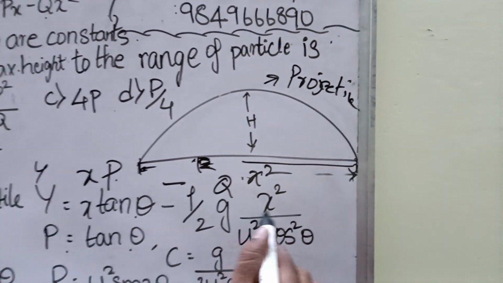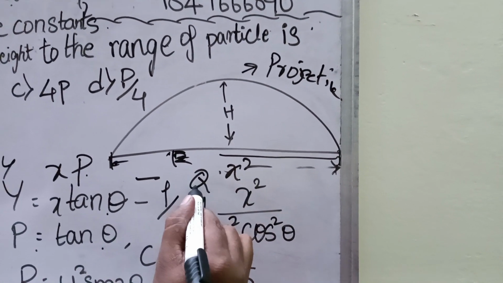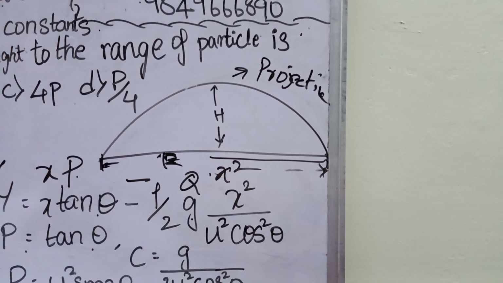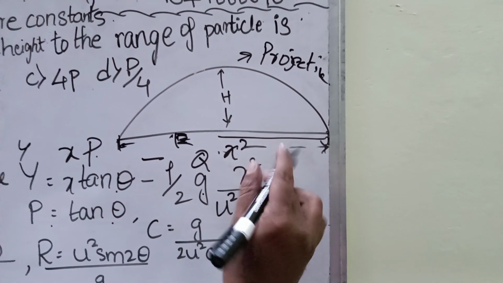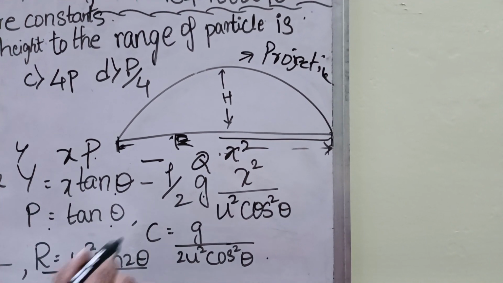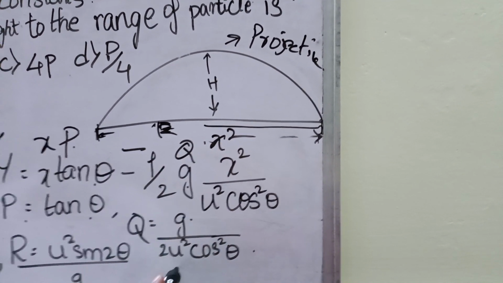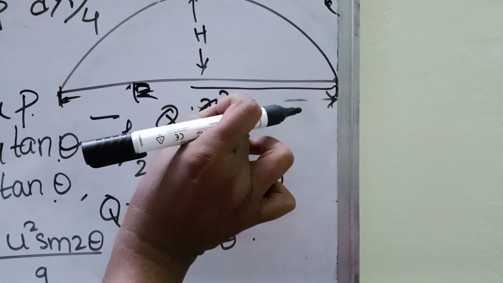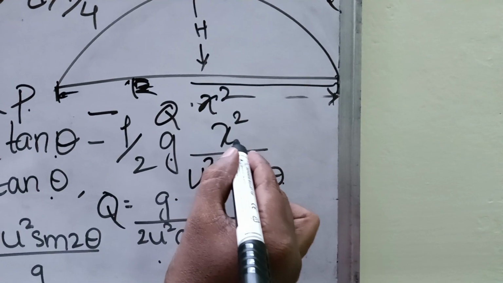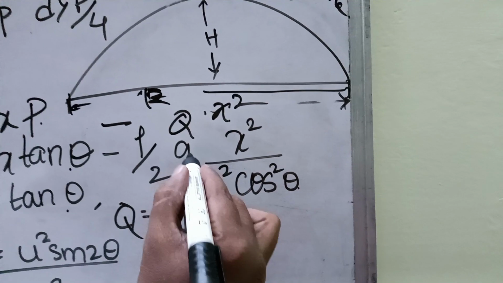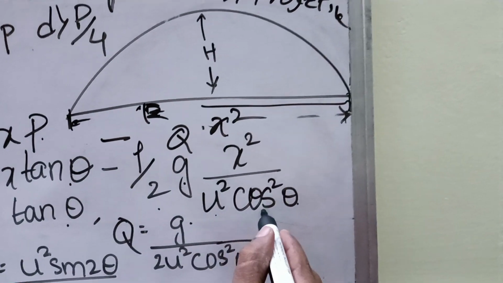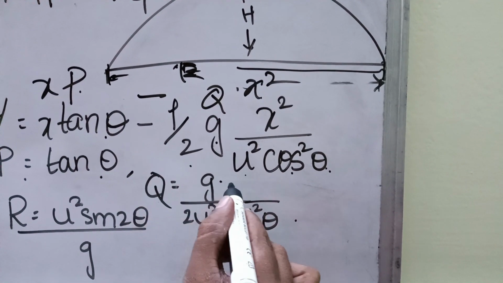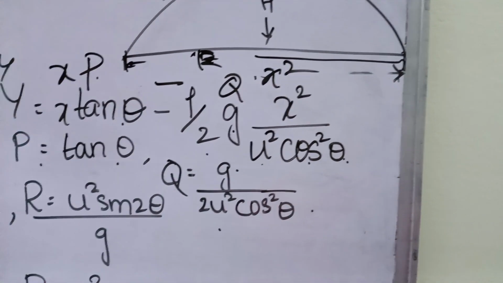Here the x square coefficient is q, here the x square coefficient is g by 2 u square cos square theta, therefore q is equal to g by 2 u square cos square theta. Therefore p is equal to tan theta, q is equal to g by 2 u square cos square theta.